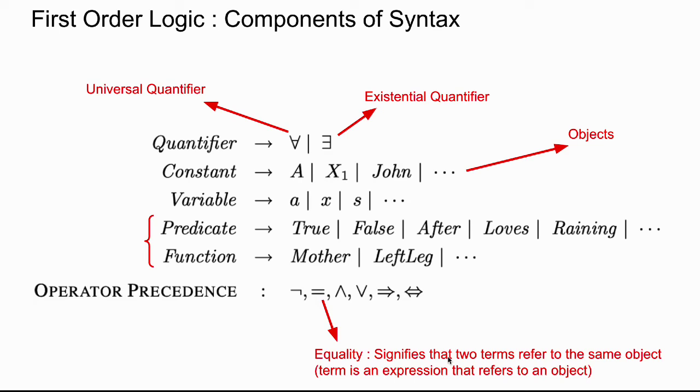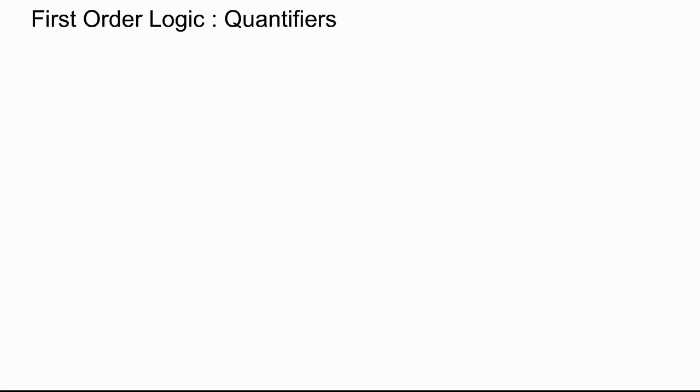So when you, let's say, have x equal to y in first order logic, what that would mean is that the object x is exactly equal to object y, and that is how we define the equality between two different objects. So this is basically the instruments that we have in first order logic, using which we are going to do all the interesting computations and inferences to arrive at suitable conclusions.